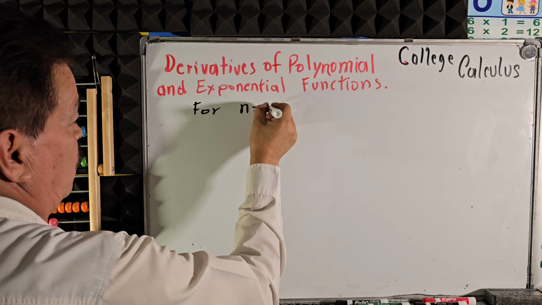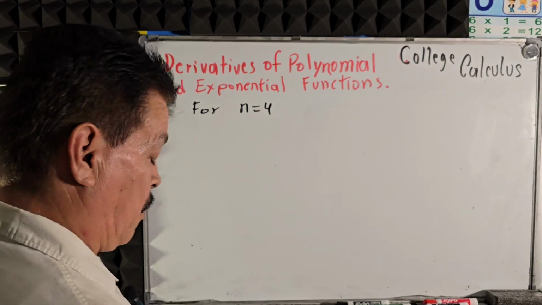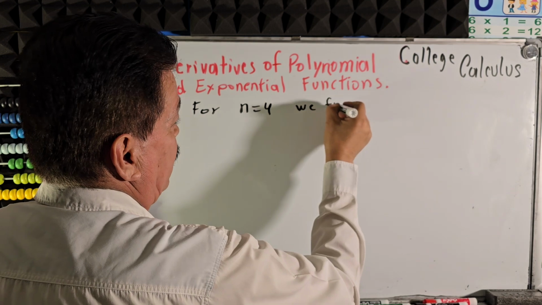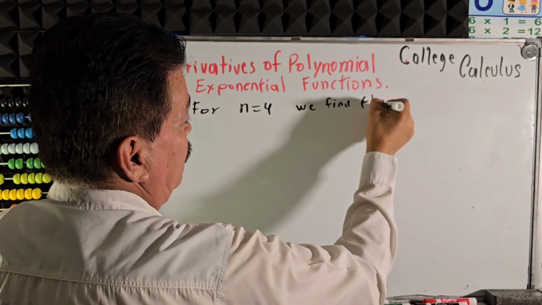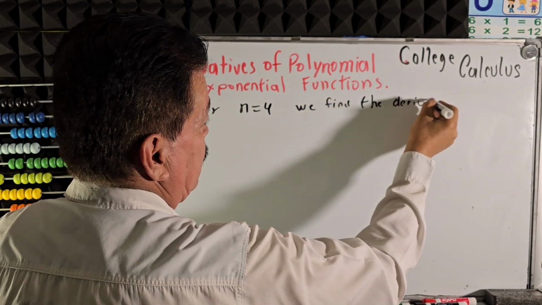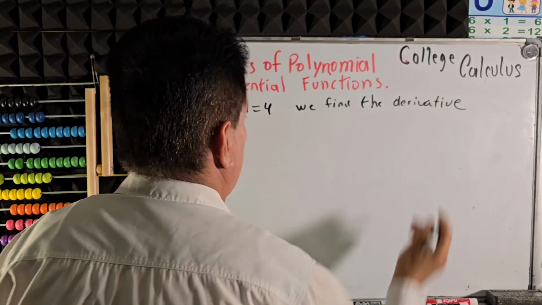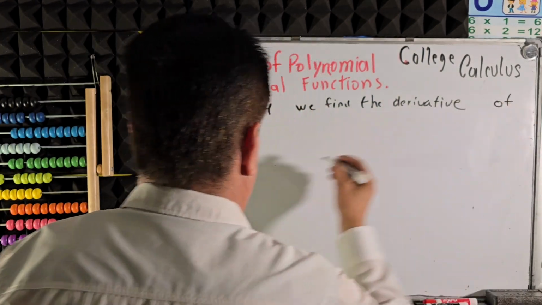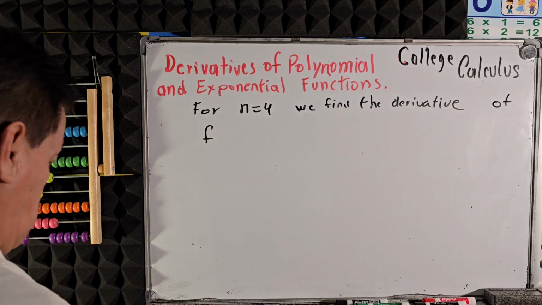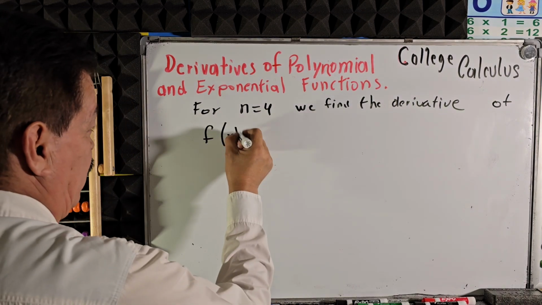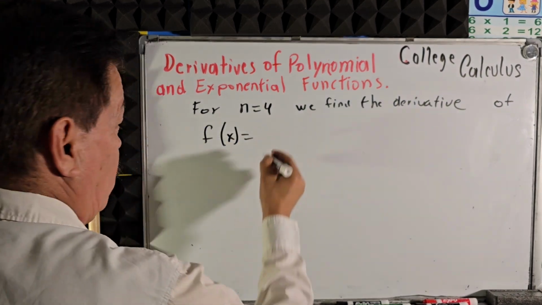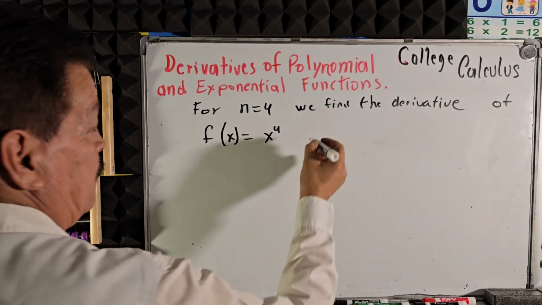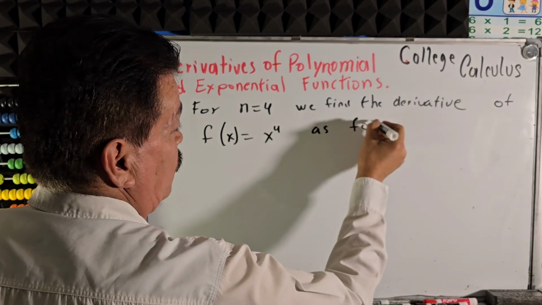For n equals 4, I will solve another problem. We have to find the derivative of f of x equals x to the fourth power. All right, as follows.